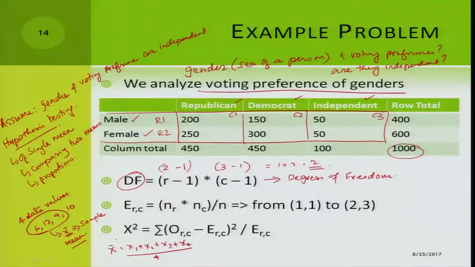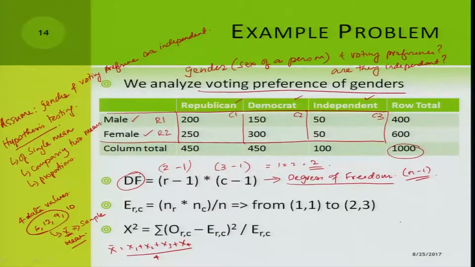Degrees of freedom is often 1 less than the number of values, n minus 1, but that is not necessarily true, as it is calculated in many different ways. Please do read the concept of degrees of freedom from the statistics books we recommended earlier.